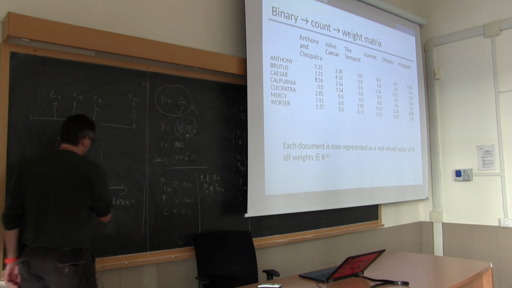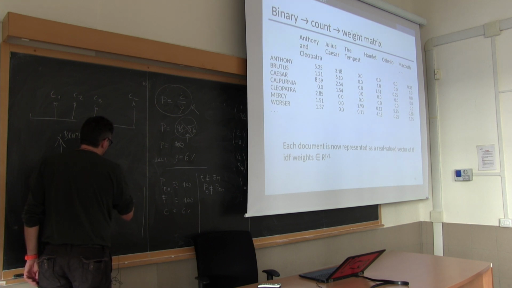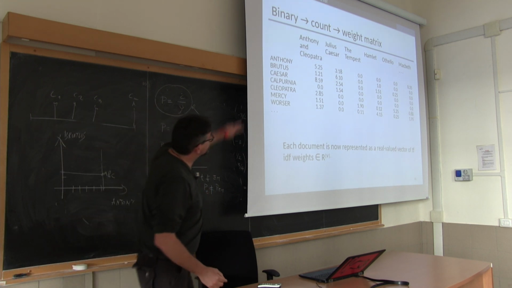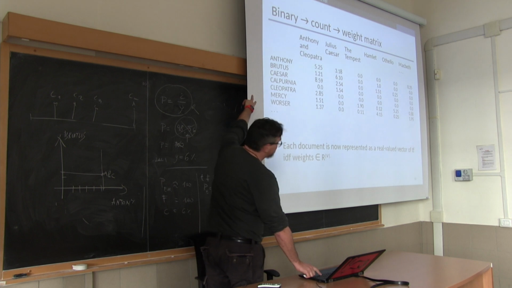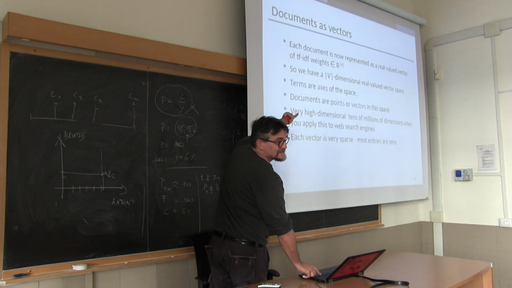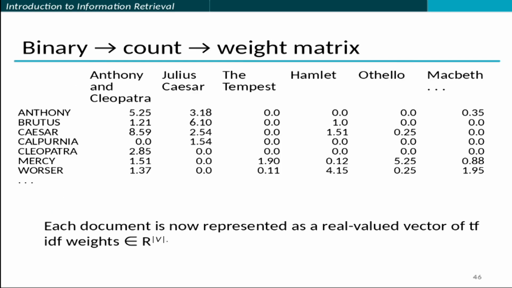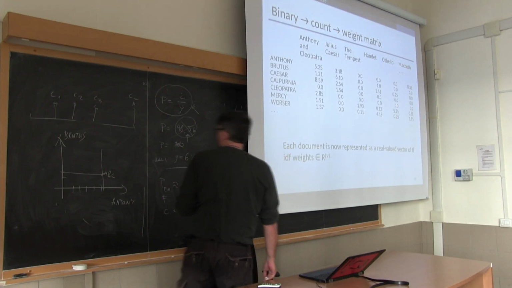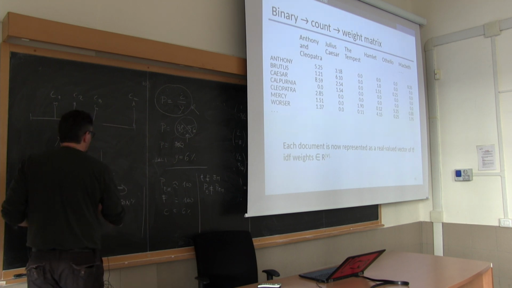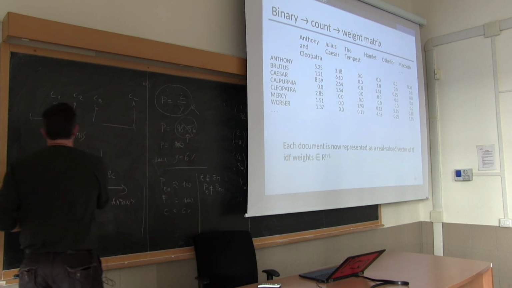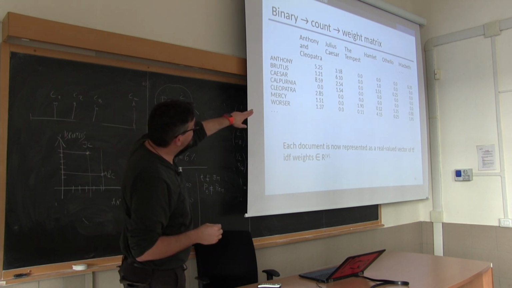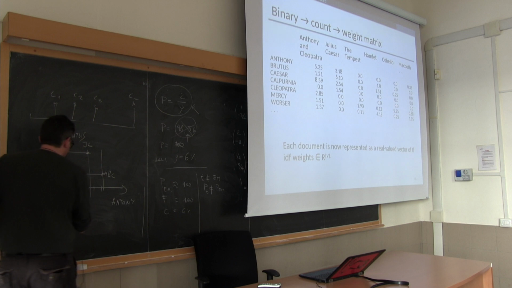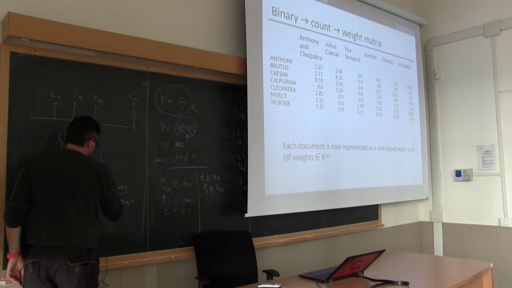So this is Antony and Cleopatra. I'm just considering the space with the two terms Antony and Brutus that are the axes of our space, okay? So Julius Caesar is 3 and 6. So this is Julius Caesar. In this particular case, the Tempest is here. And so basically, those are the vectors, right?